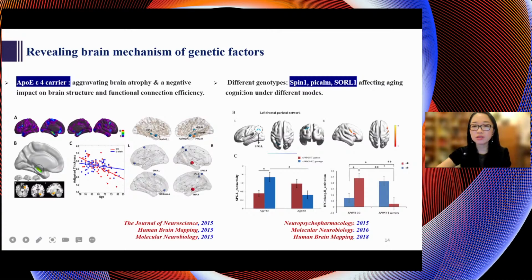We also studied different genotypes like SPIN1, PCON, and SORL1, and they all have different modes of functional connectivity, especially in the superior parietal gyrus and inferior frontal gyrus.